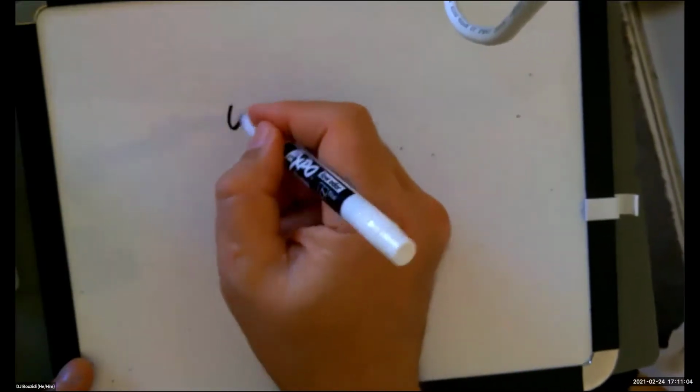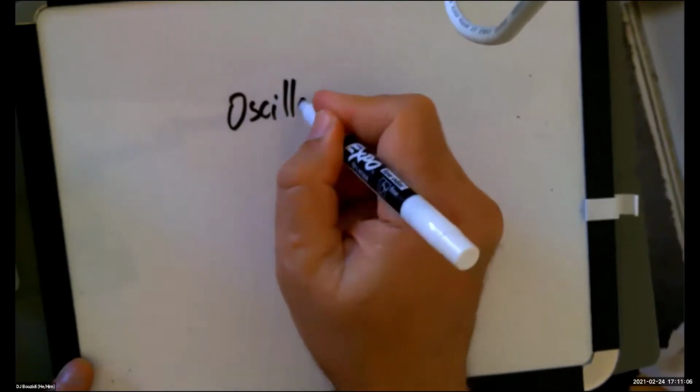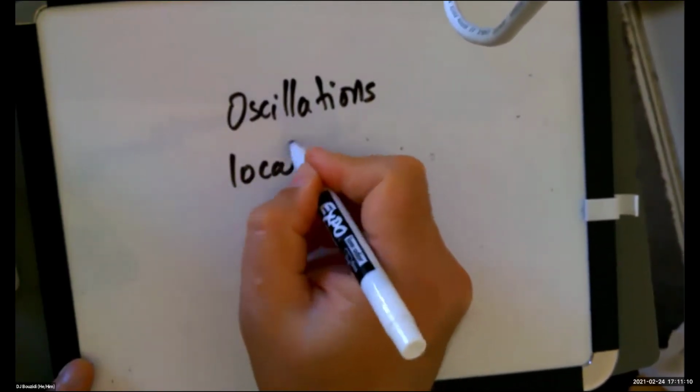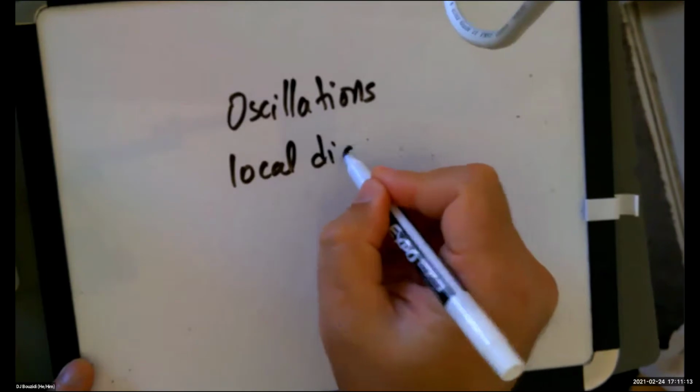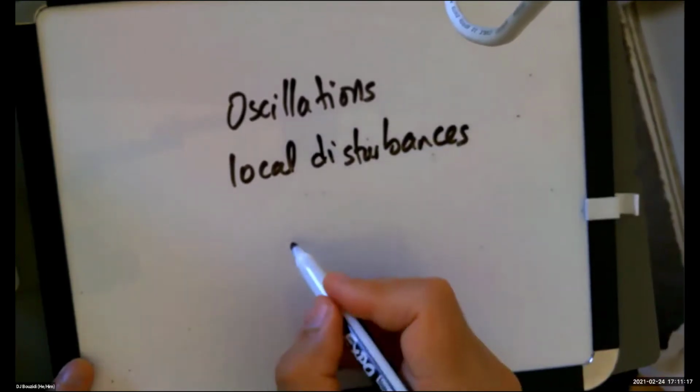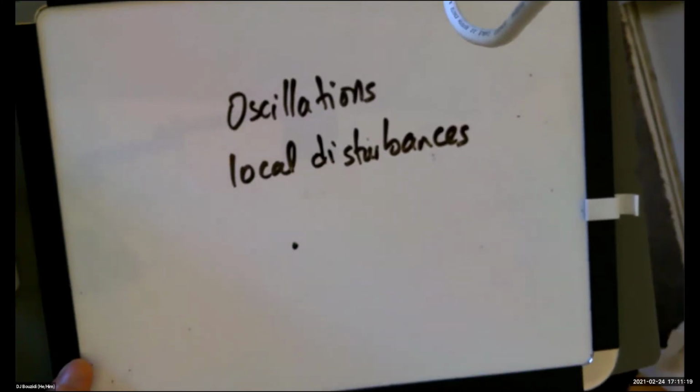Okay, and oscillations have a key component in them. They're known as local disturbances. What I mean by disturbance: in the first case, the spring was relaxed at equilibrium.